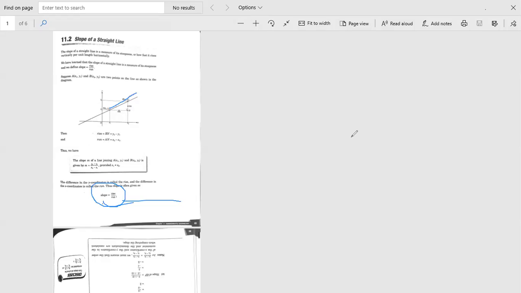How about Timmy? Okay, good. All right, now we're gonna continue to the next page.